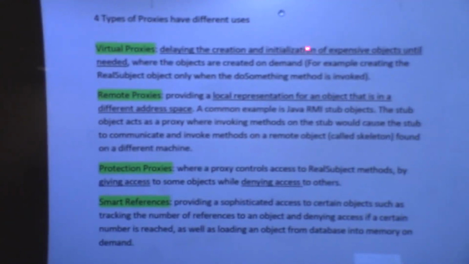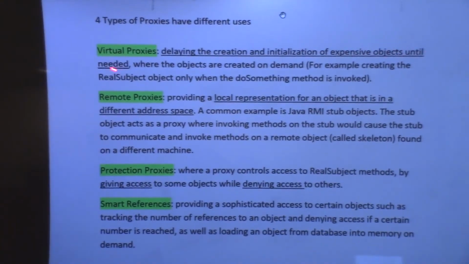Virtual proxies can delay the creation and initialization of expensive objects until needed, where these objects are created on demand. For example, creating a real subject only when do something method is invoked. For example, let's say we have a very expensive object. It takes a long time to create it, a long time to create stuff. And sometimes people say, I want a new one of these.